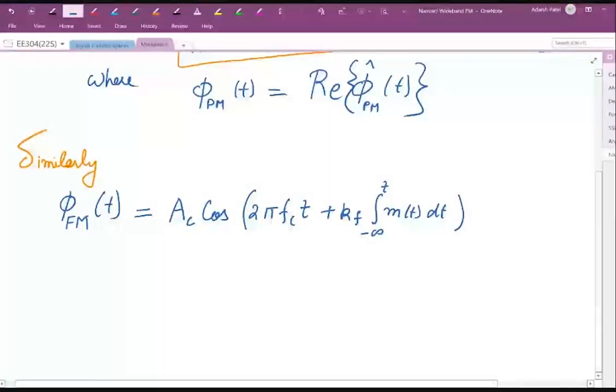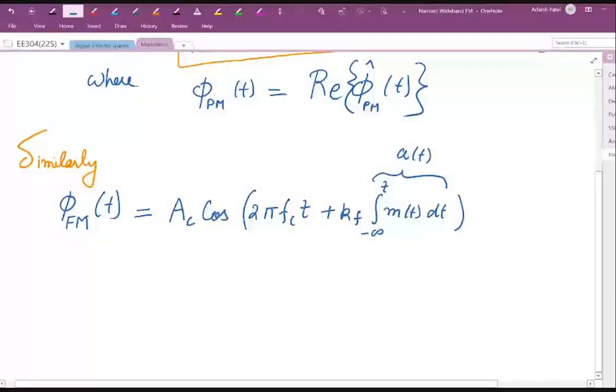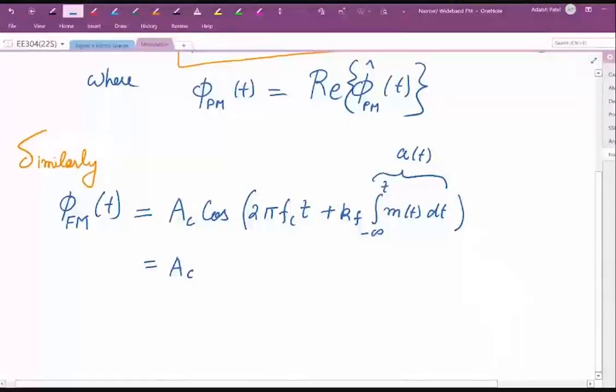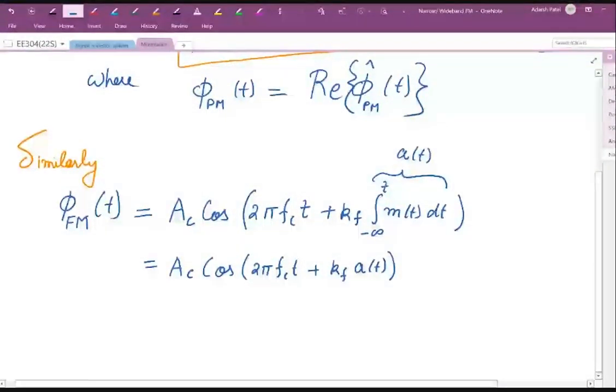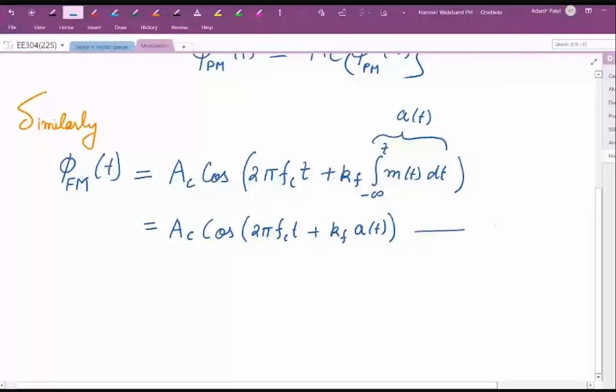I will define this complete integral as a(t), and then we can write this equivalently as 2 pi fct plus kf times a(t), where a(t) is nothing but the integral of m(t) dt. Just to simplify things, I have written it like this. This is equation number 3.